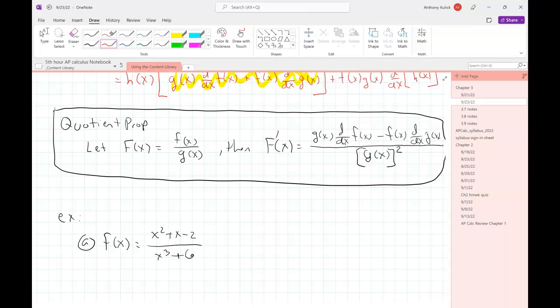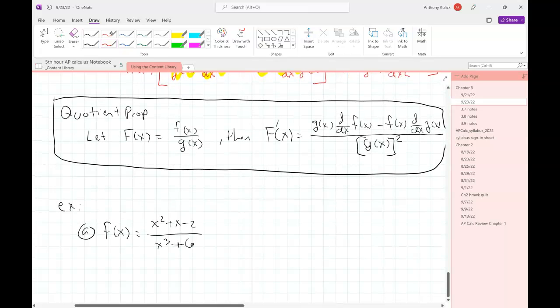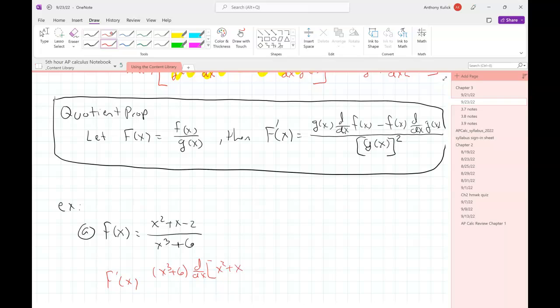Okay, so clearly a quotient, right? Using the quotient property, I have the denominator times the derivative of the numerator, minus the numerator times the derivative of the denominator, all over the denominator squared.